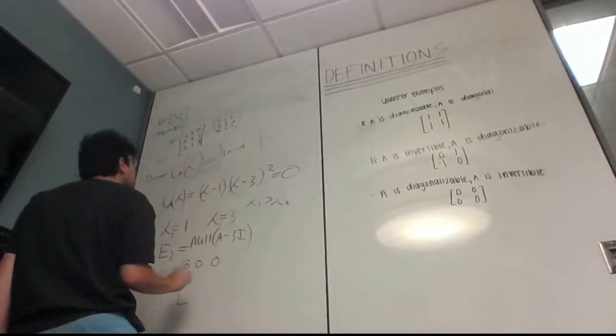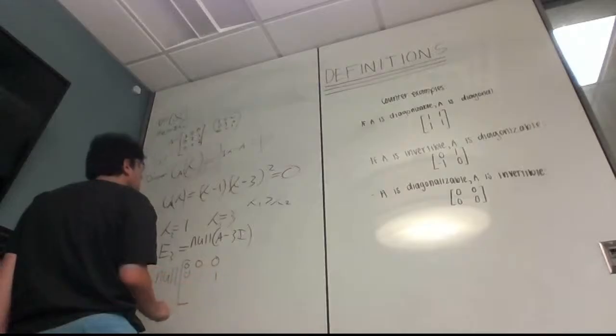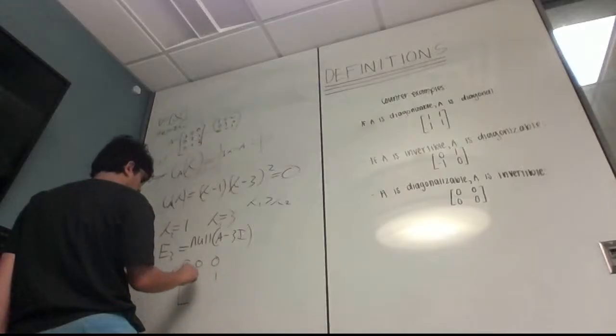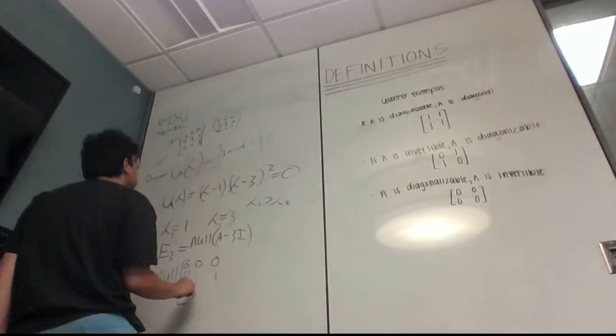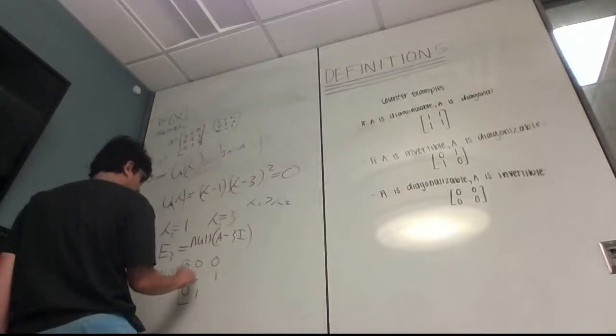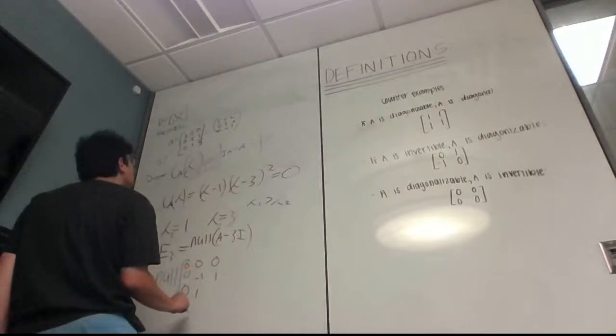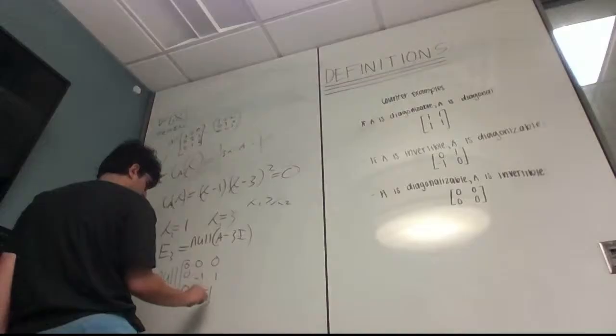Actually, hold on. The diagonals remain the same, so this is going to be 1. Or the non-diagonals, excuse me. So this is going to be 1. This is going to be 1. This is going to be 0. And when we care about our diagonals, that becomes minus 1. And also minus 1. So that's our matrix for the null space.